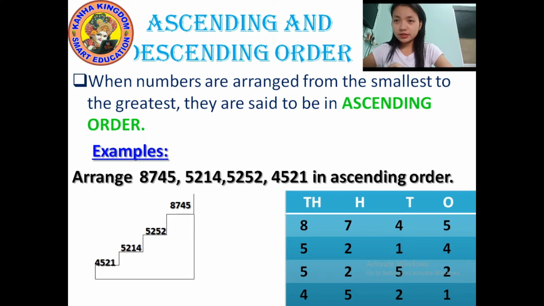Right? I arranged these four numbers in ascending order: 4521, 5214, 5252, 8745.